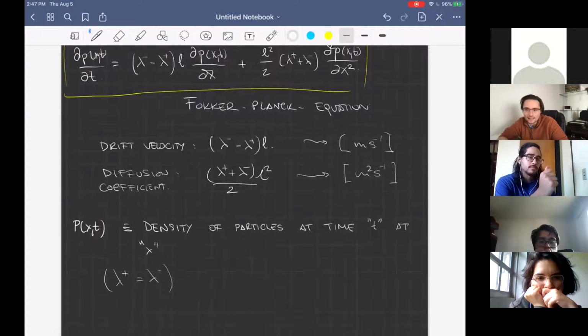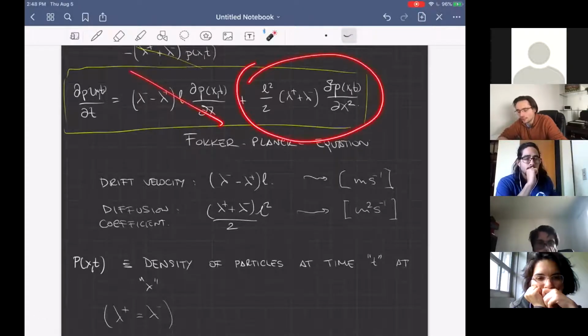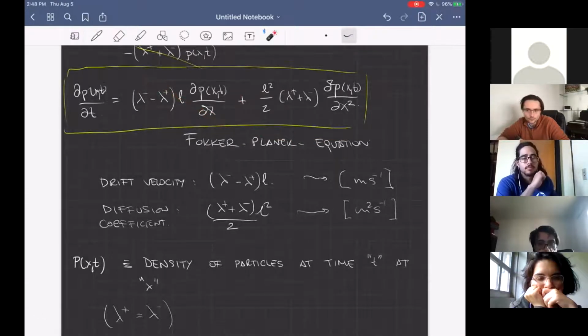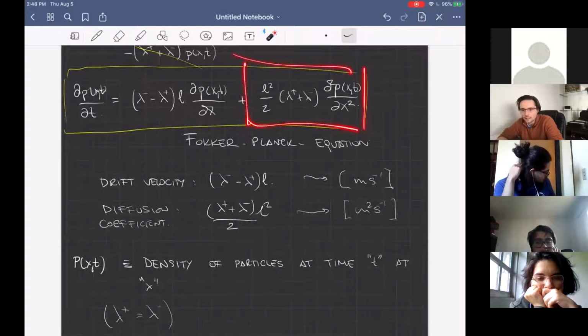In that case, the linear term is going to cancel, and I will be left only with the second order terms. Okay? Basically, the main idea, Lucas, is that I want to discuss with you the effects of randomness, of the movement being random, on all these processes, and that's coded by this term.